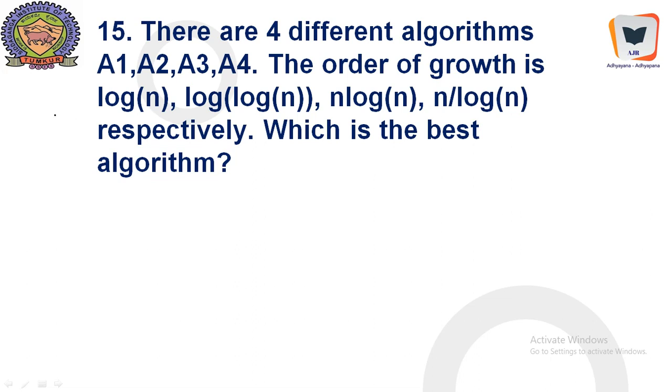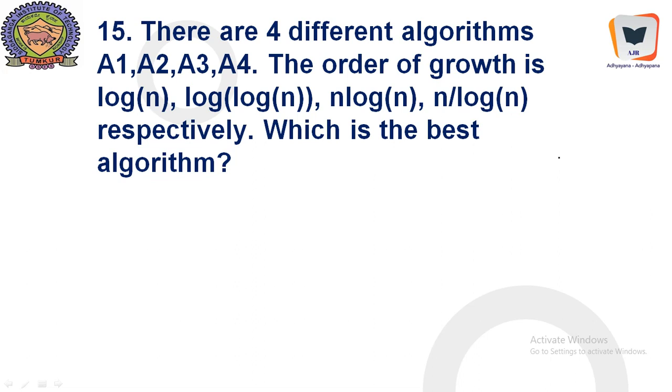So if you take input size equal to 10, log of 10 will be 3.33. This is log of 3.33, which will be very less, and this is 10 into 3.33, 33.33. Well, this 33.33 should be understood to be maybe a number of comparisons.